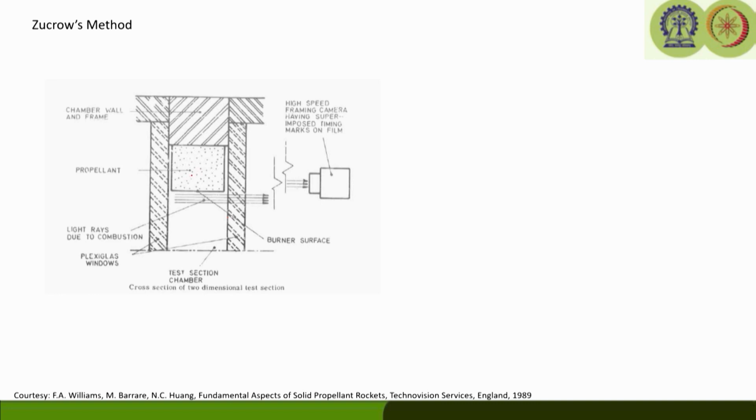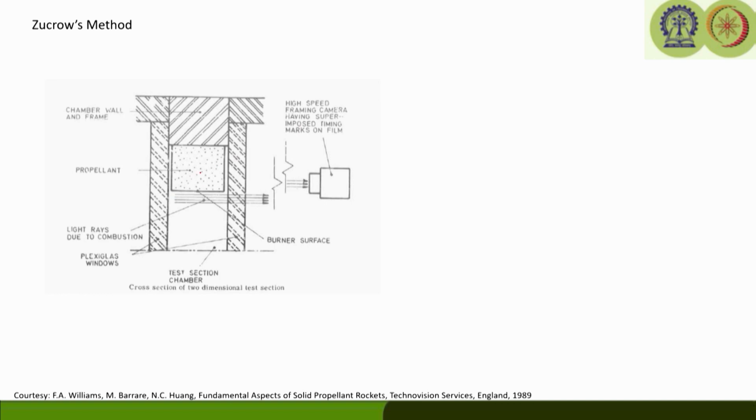Here the solid propellant rocket motor is used as a gas generator, and the same propellant was used in the main motor. The exhaust stream passes through a 2-dimensional test section, the opposite sides of which are made of transparent plexiglass windows, which can give access to framing the event.